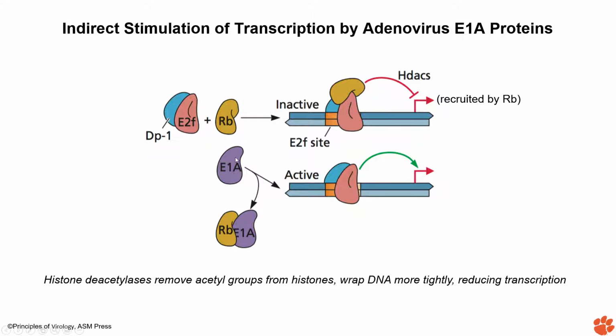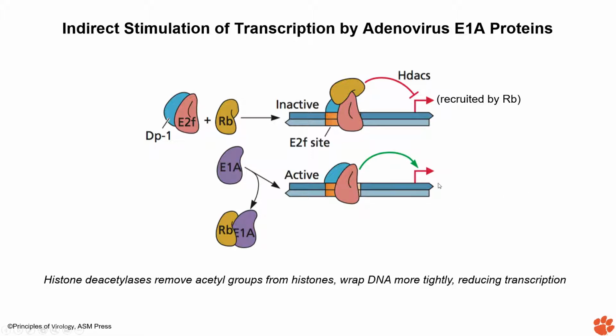So what E1A does, and we are going to see that many different viral proteins do the same thing: E1A binds to RB, and RB loses the ability to bind to the E2F and DP1. If they cannot bind, there is no recruitment of the histone deacetylases. That means the DNA is loose because there is no methylation or deacetylation of the residues.